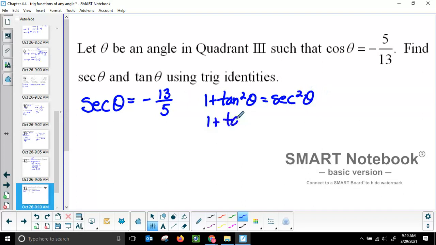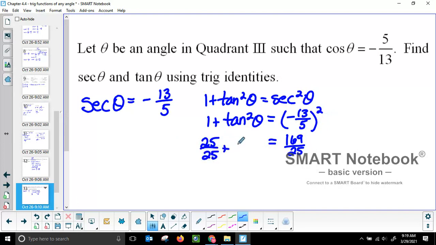So we're looking for tan, and we know secant. So negative 13/5 squared. Negative 13/5 squared is 169 over 25. So I'll just make this 25 over 25.